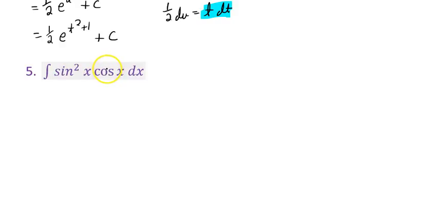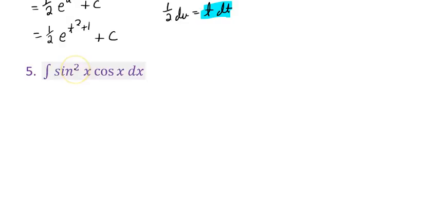But if you'll try those out in your head a little bit beforehand, you'll realize that you'll get stuck if you use cosine as your u, because there are 2 sines here, and that would only get rid of one of them. And so I'm going to use sine as my u.